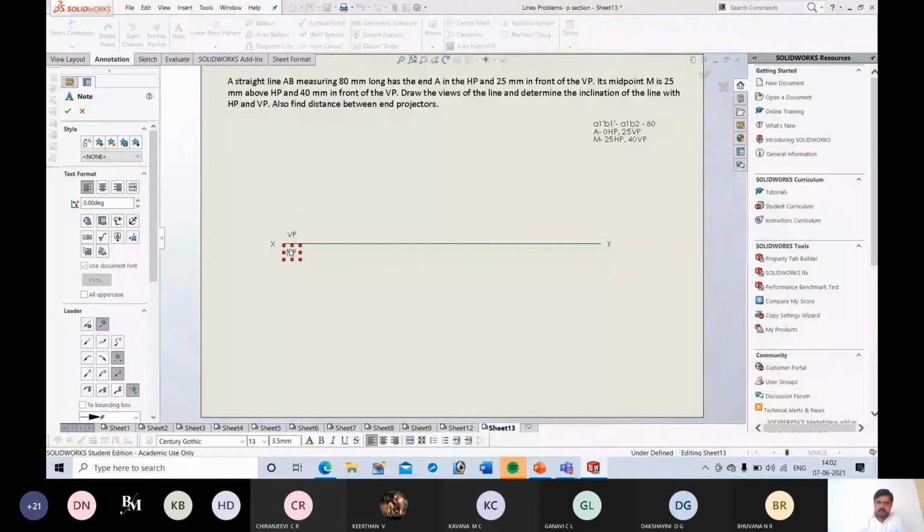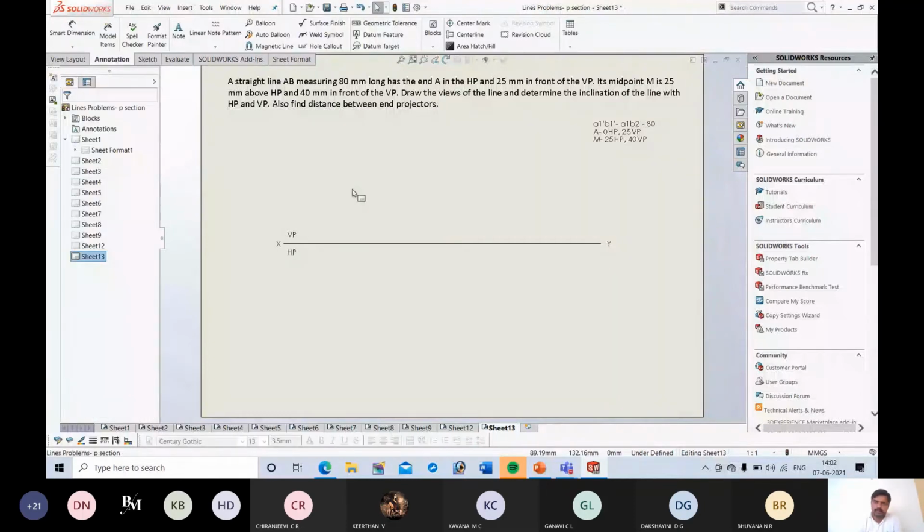So next, I have details regarding location of 2 points A and M. So I should consider first half portion of the line. For the previous, I considered second half, that is M to B. So here, since I know details regarding point A, I will consider A to M. Though I know the location of AB, I should start from midpoint. This is very important. Otherwise you will end up with a mess, where you cannot solve the problem. Okay, so start from midpoint.